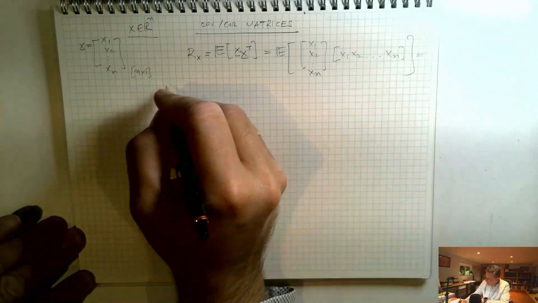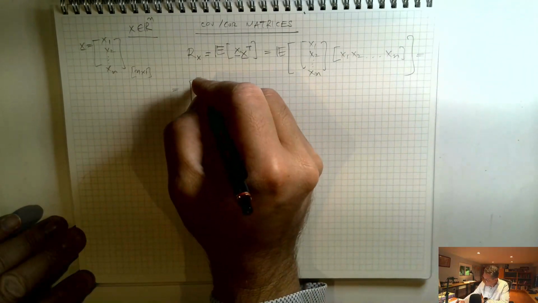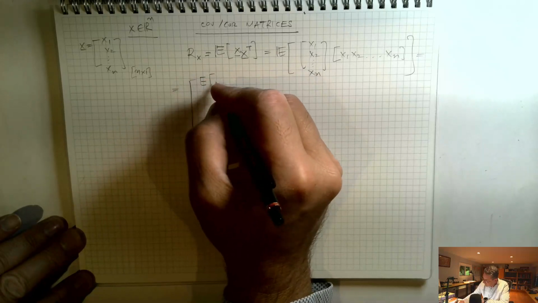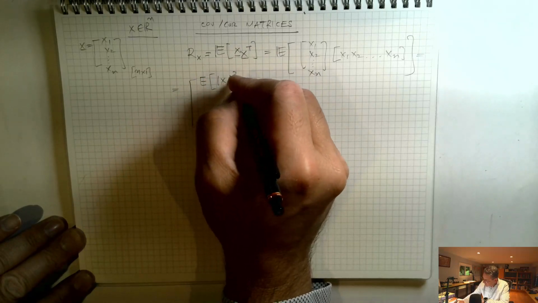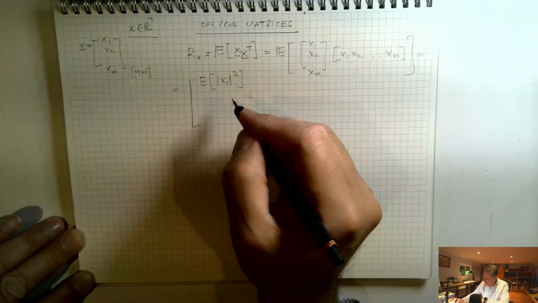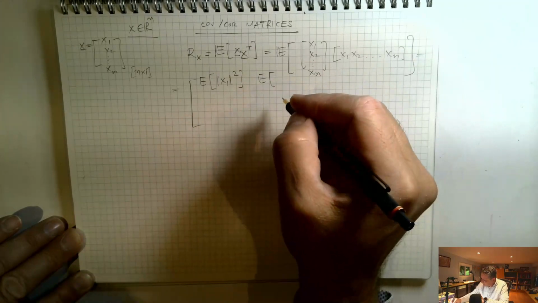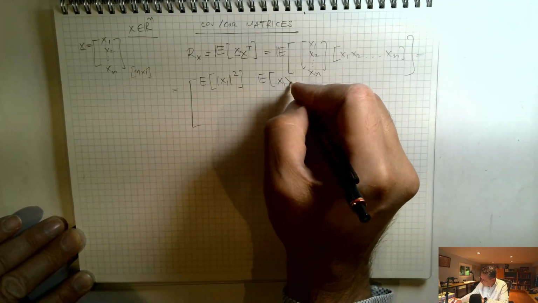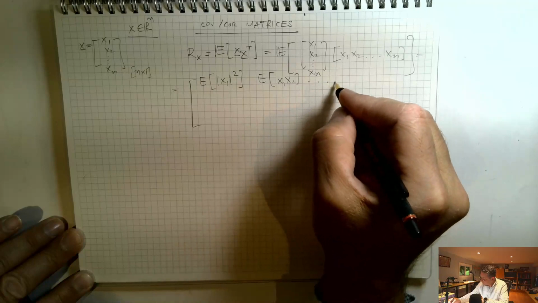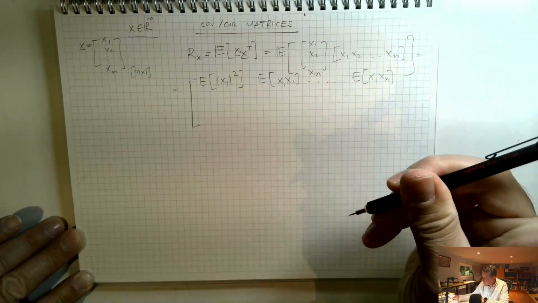And this can be written as the expectation operator going inside, so we have the expectation of x1 squared, then the expectation of x1 x2, and over here the expectation of x1 xn.